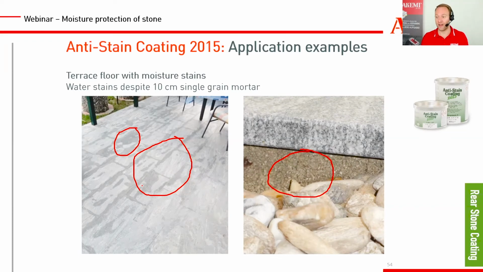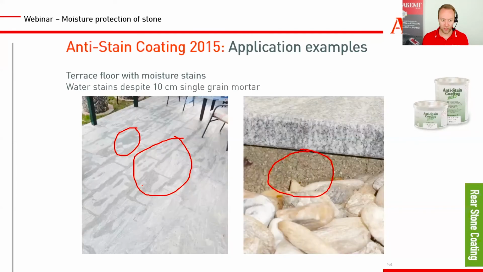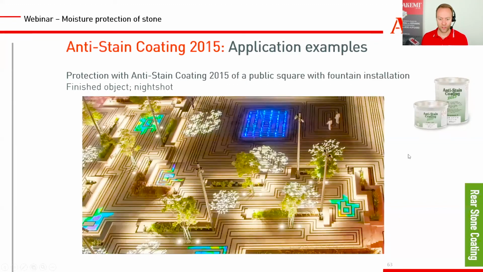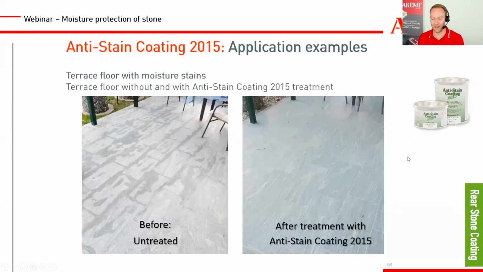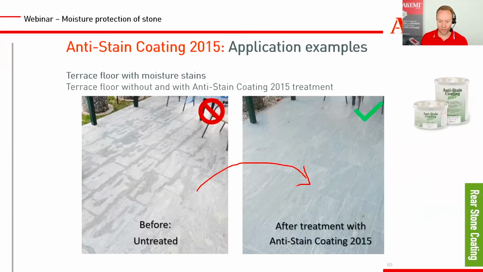So what we have done is we treated the new stones with the backside anti-stain coating. And okay, the picture is not there. Maybe it's later. Let me check. Yeah, here it is, it moved to the back. And you can see here, after the installation, there is no staining.